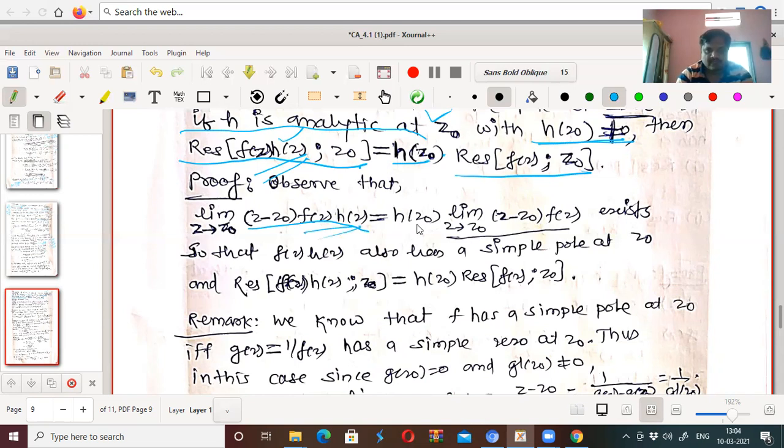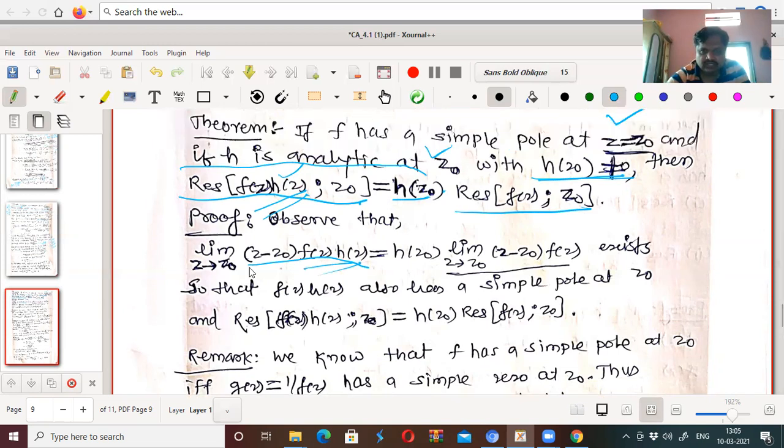Now we know that as h is analytic at z0, the limit as z tends to z0 of h holds. Therefore, the limit as z tends to z0 of h of z is h of z0, which can be taken outside. Only we get the limit as z tends to z0 of (z minus z0) into f of z. And what is it?